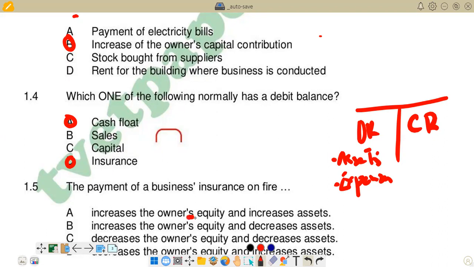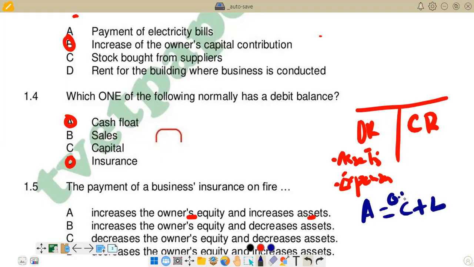So we have two that we are given there: owner's equity and assets. What happens there is it decreases the owner's equity and increases assets. So this is mainly explained by putting down the accounting equation, whereby we are saying assets is equal to capital plus liability.